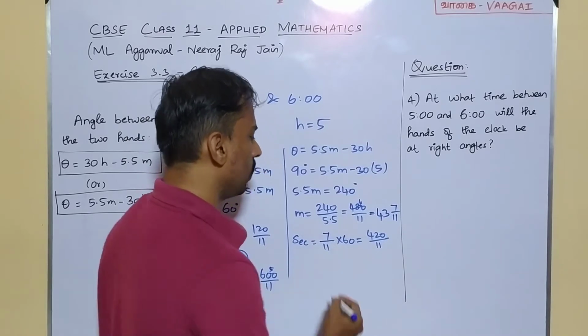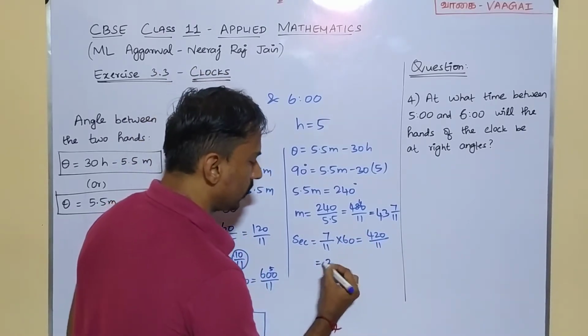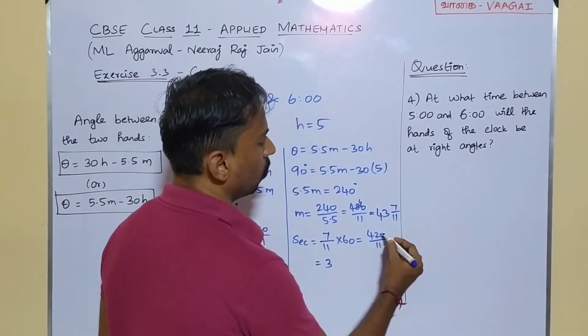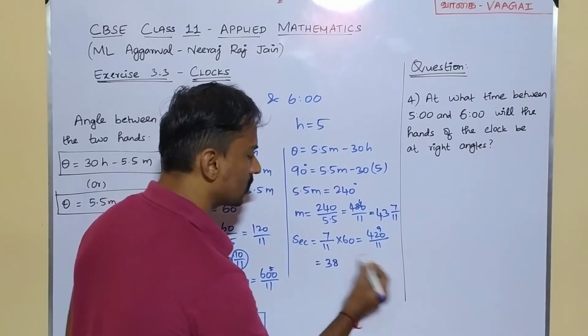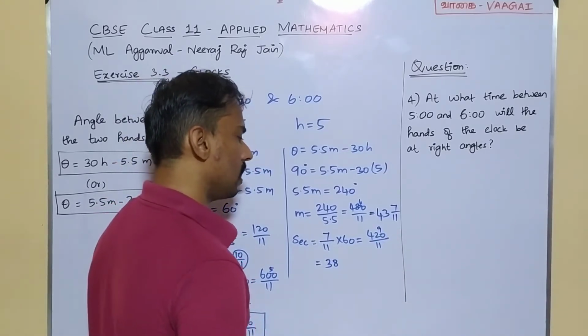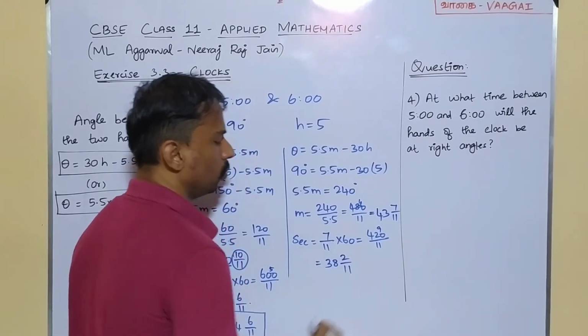So 420 by 11, 11 3 times I can go for 33, the balance will be 9, so 90 I am getting, 11 8s are 88, so again the balance will be 2 by 11.